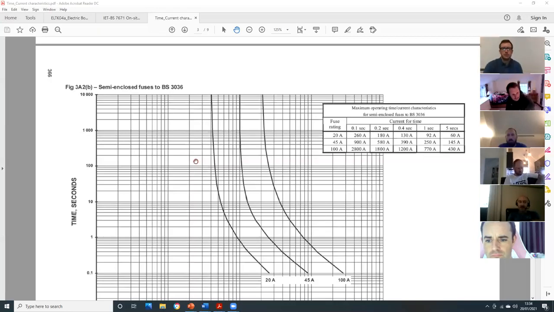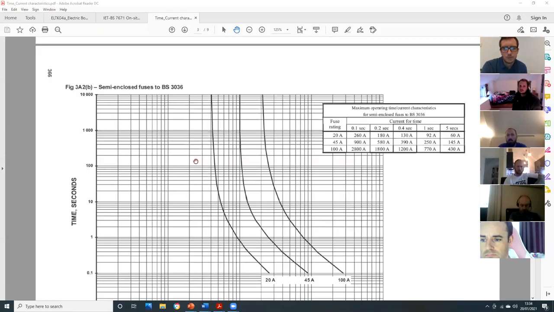It's the relationship between the minimum operating current of the device and its rating. So typically, as we've just seen, 30 amps minimum operating current for a 15 amp fuse, divided by 15, gives a factor of 2.